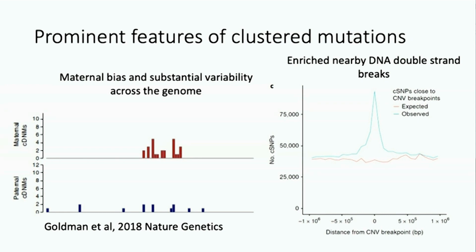And as you can see, the distribution of maternal clustered mutation rate is extremely not flat. There is a huge bump right here. And we hypothesized, probably incorrectly, that this mechanism is related to double-strand breaks. So we said that probably this region is susceptible to double-strand breaks in oocytes, and that this does not happen so frequently in sperm.